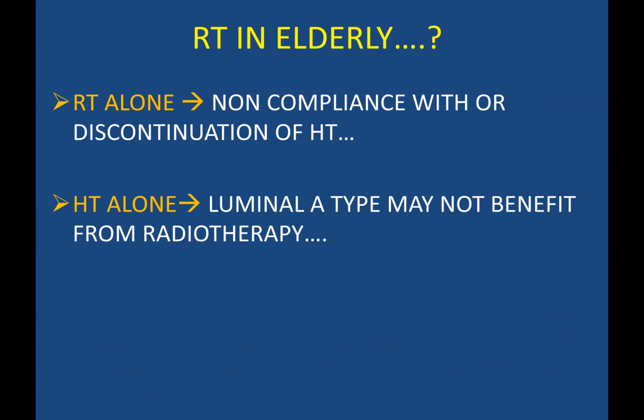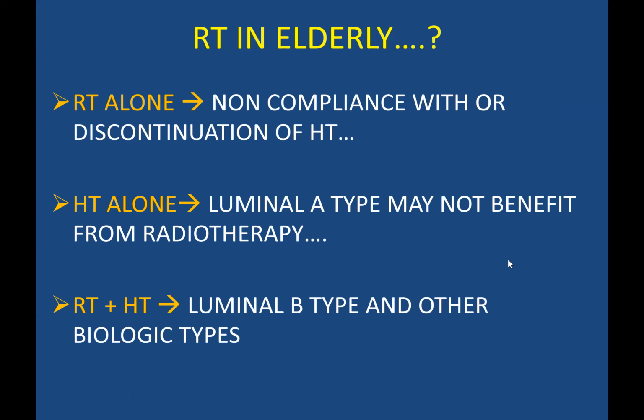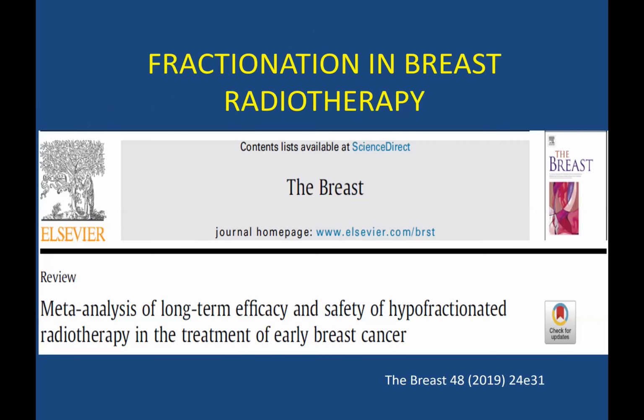This is a concept from the retrospective data. And the ideal way is always radiotherapy has to be combined with the hormone therapy, and there has to be a definitive indication or benefit in luminal B and other biological subtypes. Now, moving on to the third concept of fractionation, how much hypo in breast radiotherapy.